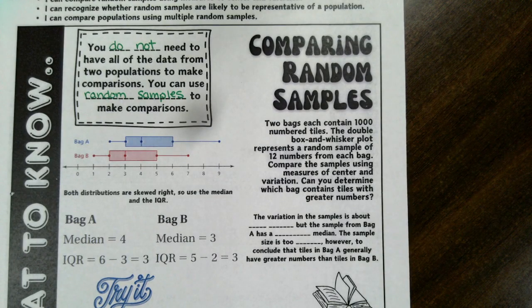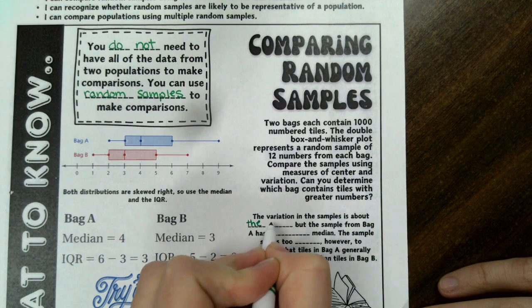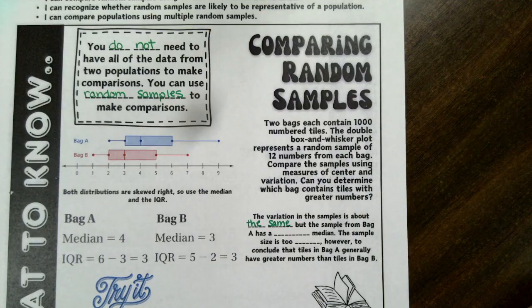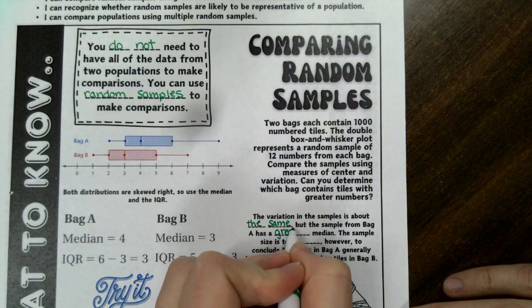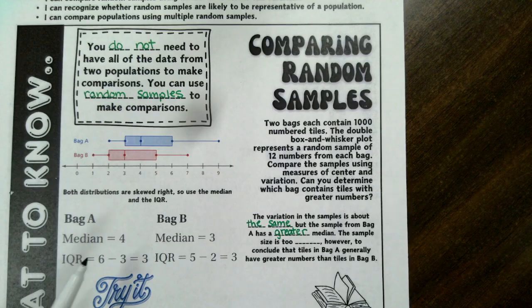So what does this even mean? The variation in the samples is about the same, but the sample from bag A has a greater median. We do know that by just looking at this data, right? The median is 4, the median is 3. It is greater, maybe not a lot, but it is greater.